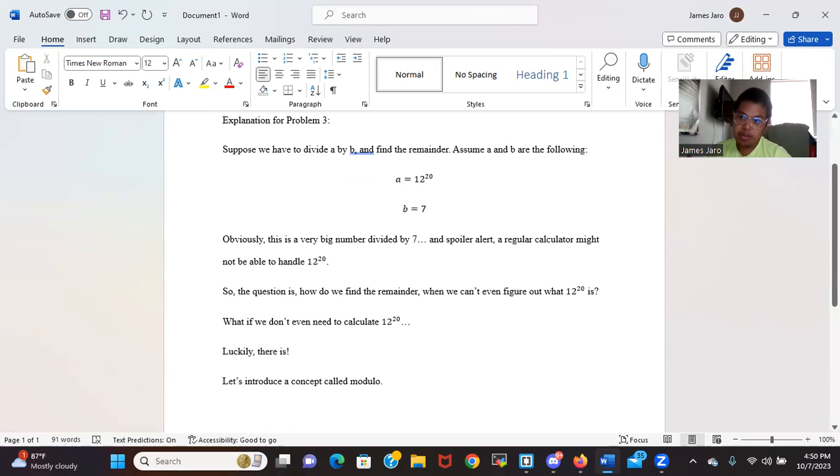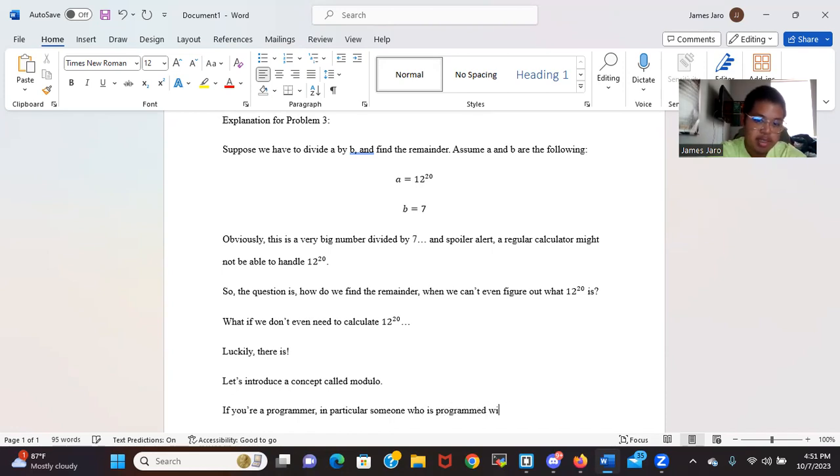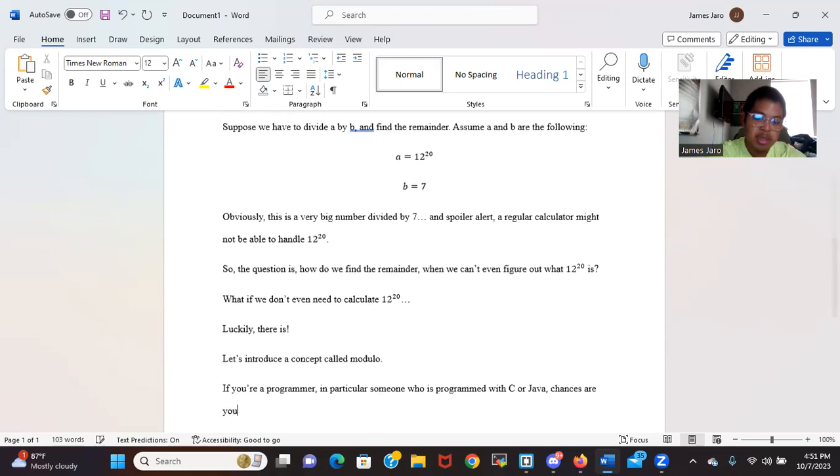So if you're a programmer, in particular someone who has programmed with C or Java, chances are you have run into the percent sign before. You've used this at least in some way, shape, or form when you've done coding.